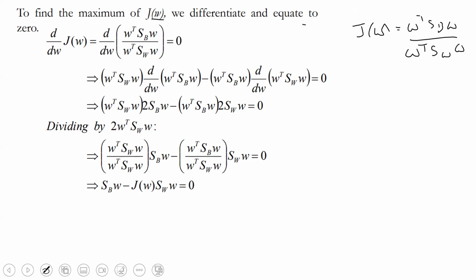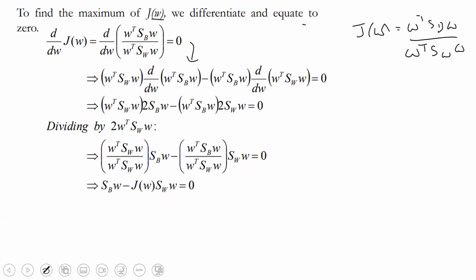To maximize this, we have to take the derivative and equate that to 0. So when you take the derivative, what is the rule for d by dx of x by y? Y into derivative of x minus x into derivative of y, over y squared. That should be equated to 0, right? So this becomes denominator into d by dx of numerator minus numerator into d by dx of denominator.